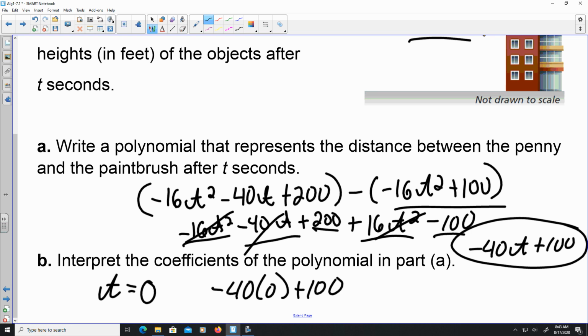Negative 40 times 0 is 0, so the answer in this case is 100 feet.